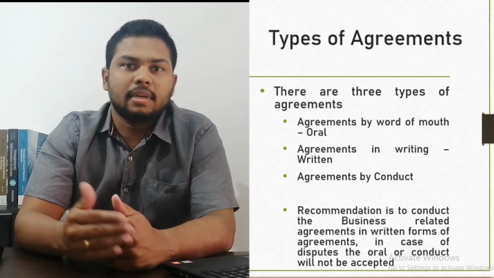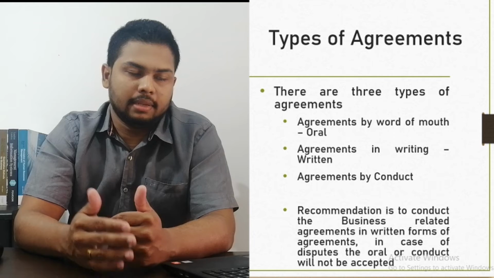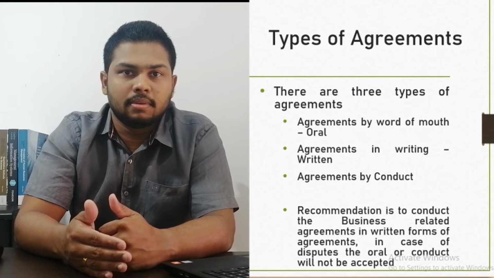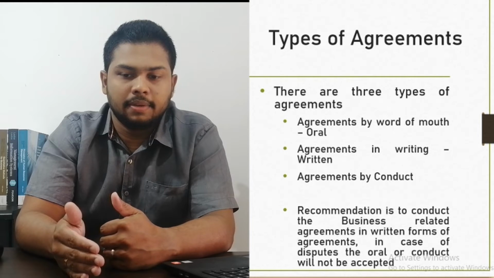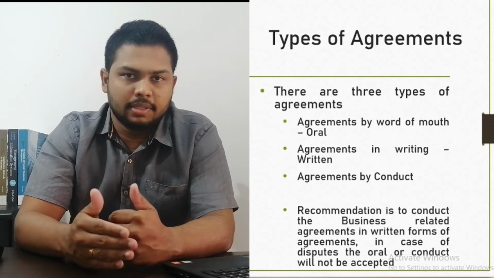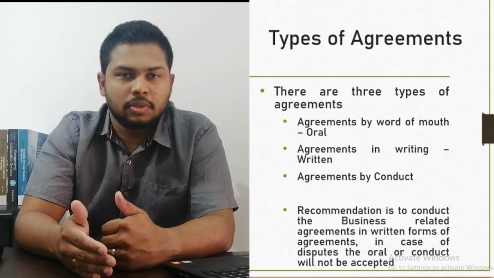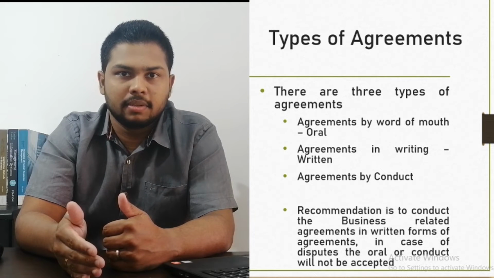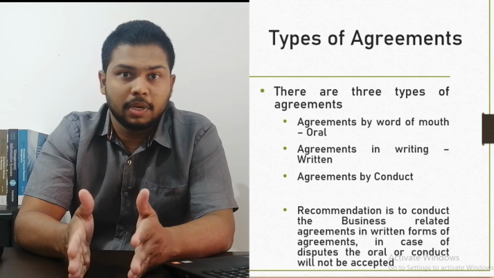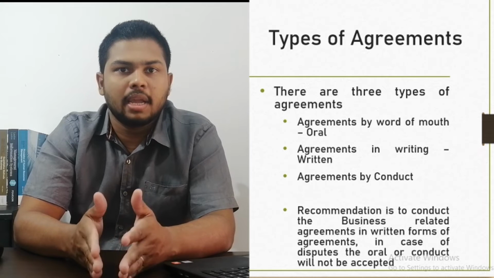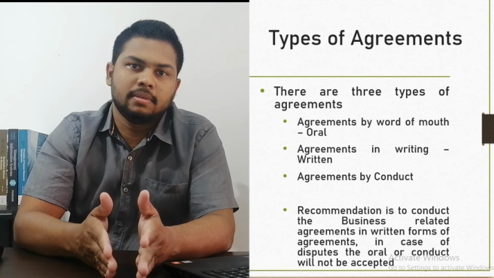You agree with some other person to do some activity, but it's only oral. You both have agreed, but if there wasn't any other party present, there's no proof that you agreed with that party. That is the dangerous part of oral agreements. Anyone can breach the contract.